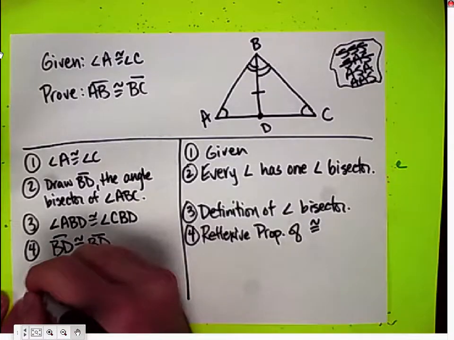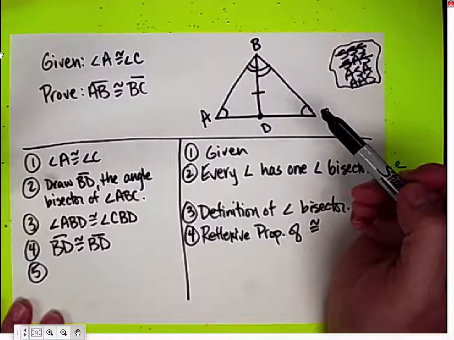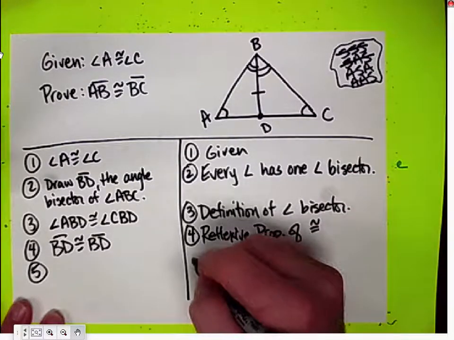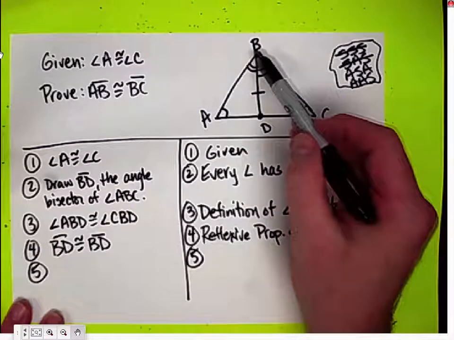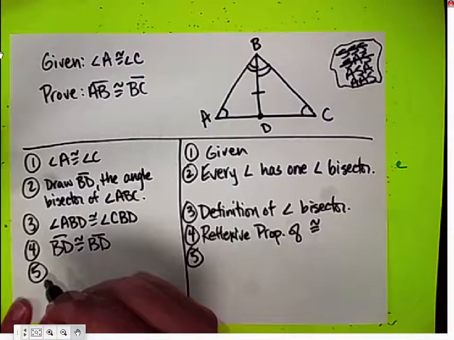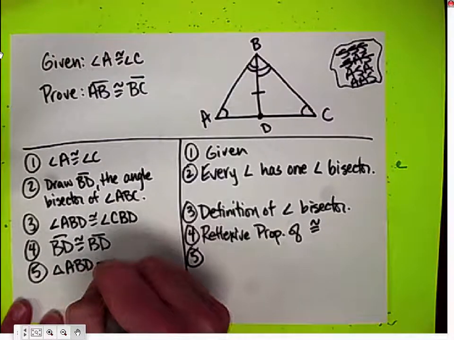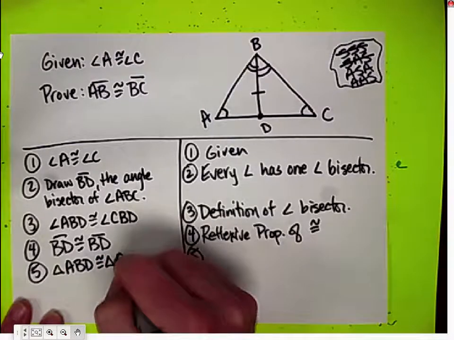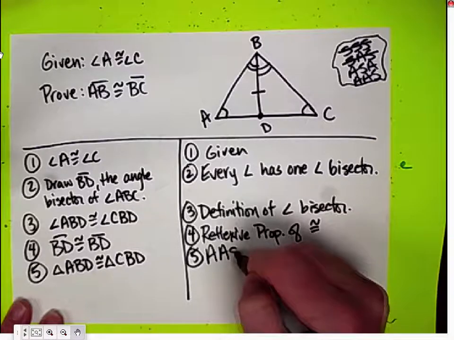So now we've got it. We've got two angles. Do we have an included side or a non-included side? None. The included side would be AB and BC, which is what we're trying to prove. So we know that triangle ABD is congruent to triangle CBD. The reason is angle, angle, side.